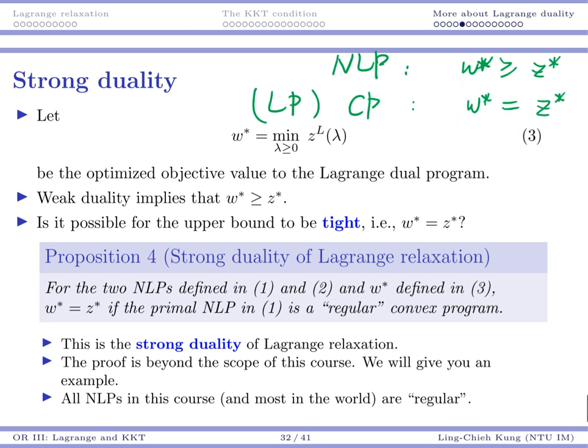Here again we have this requirement about regularity, and again I'm going to ignore this discussion. All the nonlinear programs in this course and most in the practical world are regular. If you are interested, you may search for constraint qualifications on Google or in advanced courses, but I'm going to ignore it. This is the strong duality of Lagrange relaxation, and we're going to give you an example to show this instead of trying to prove it.